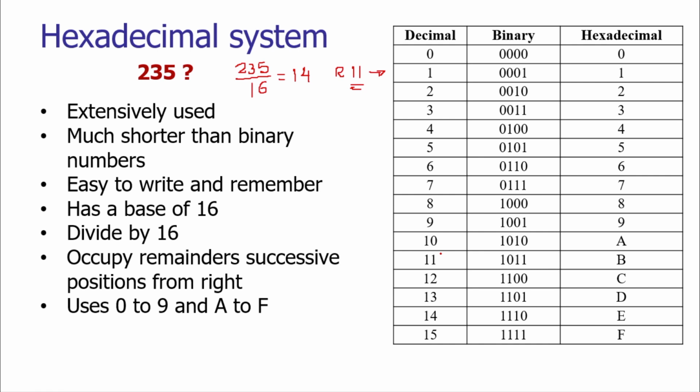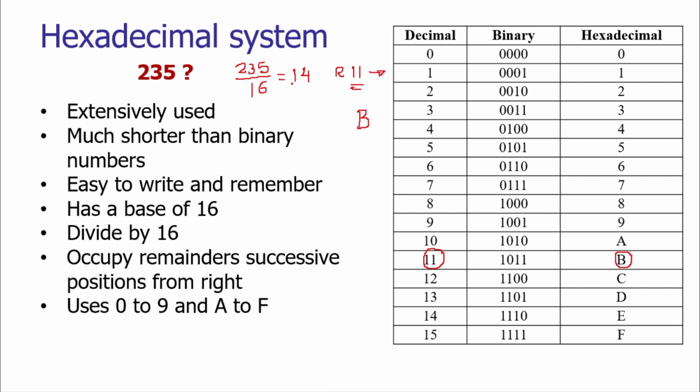So for 11 as the remainder, the hexadecimal representation is B, that we will write here, B.